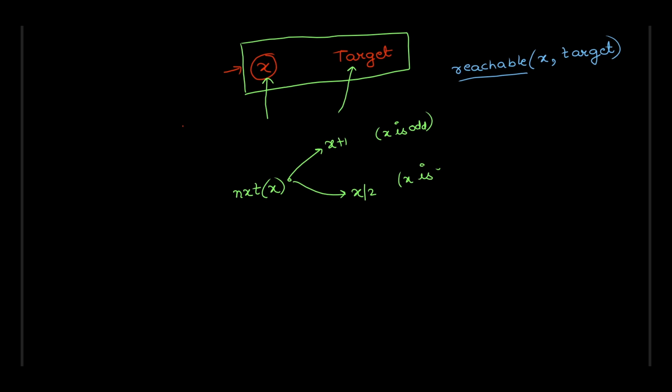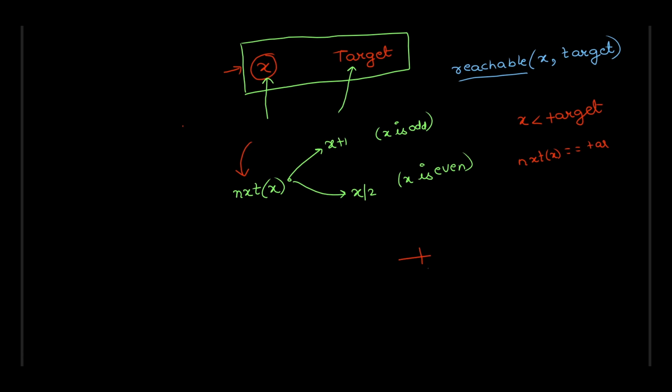This is by definition. So we just define a helper function that can quickly determine what is the next node on your journey that you started from x. Then you can see that if x is less than target, then the only possible way that x can reach target is that next of x should be equal to target, right?